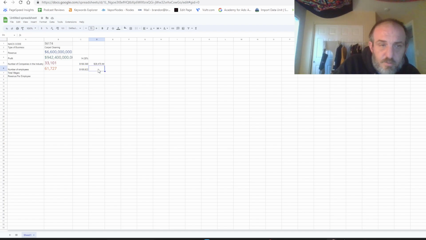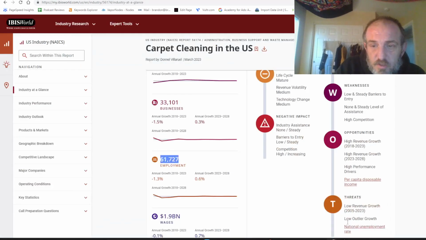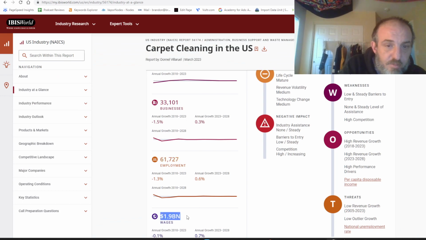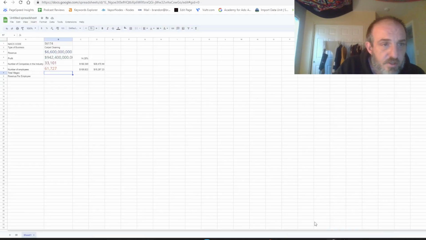If you want profit per employee, you can do boom, divide, boom. It shows all this elsewhere, but we can pull all this from here. So then total wages is also right here, so that's 1.9 billion, but it doesn't convert to a spreadsheet like that.